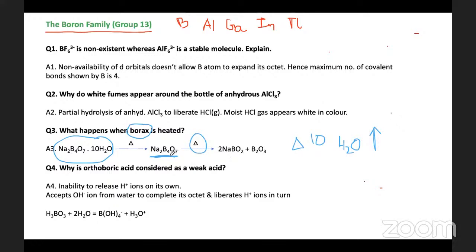So whenever Na2B4O7 is heated more, this metaborate compound NaBO2 and B2O3 are formed. That is the anhydride of boric acid. Boric acid is nothing but B(OH)3.